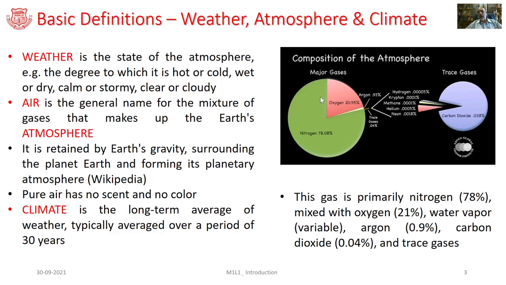As you see in this sketch, the atmosphere mainly comprises gases, with the major contribution of nitrogen at 78%, whereas the second component is oxygen, which is roughly 21%.